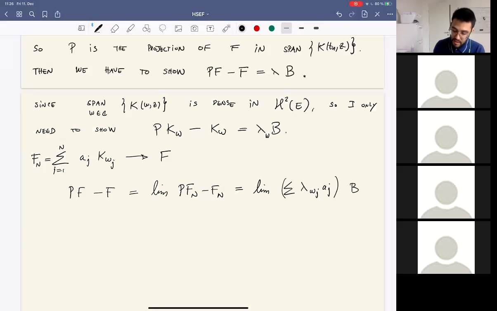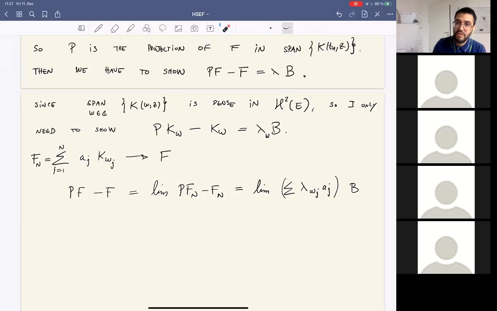times the function b. So since this is converging in the space, recall that convergence in the norm of the space implies uniform convergence in compact sets, because the evaluation functional is bounded, and it's bounded by the norm, it's K_w. And K_w is a continuous function, therefore bounded in compact sets.